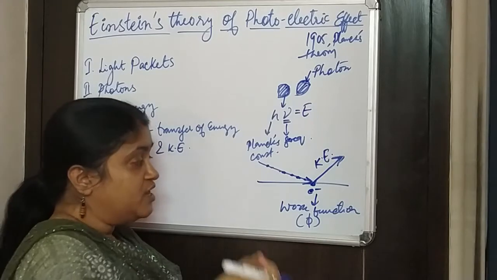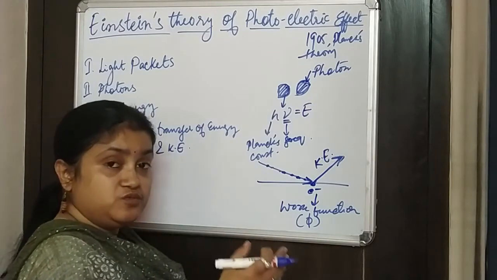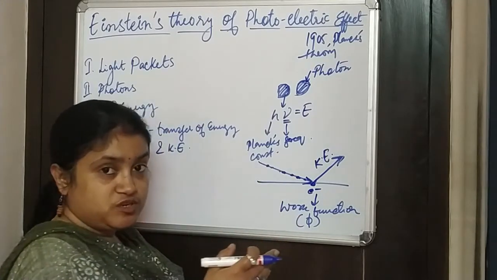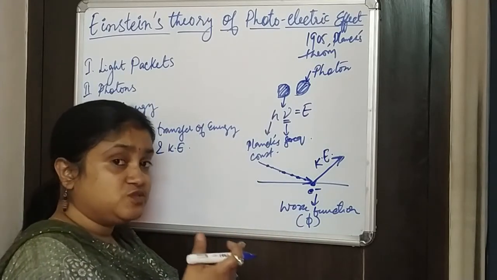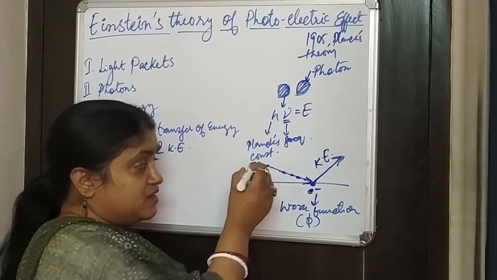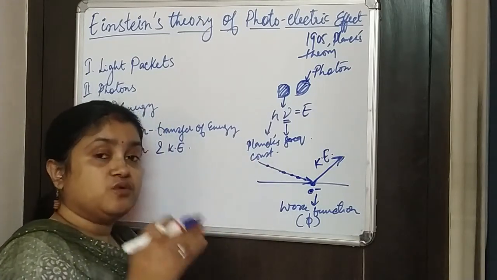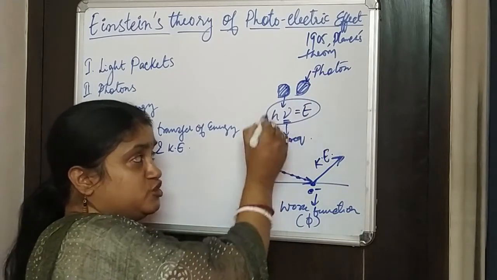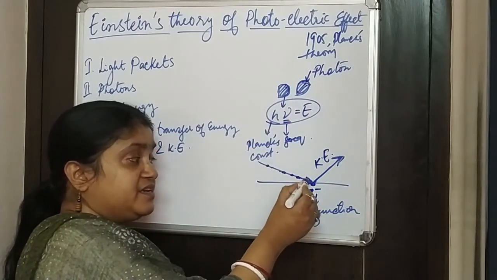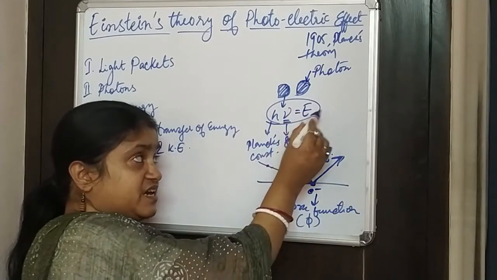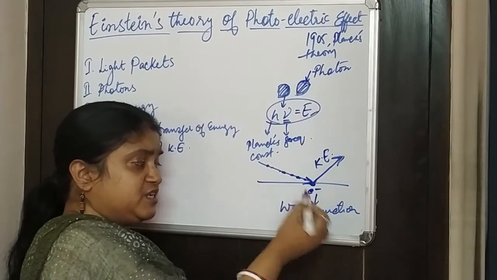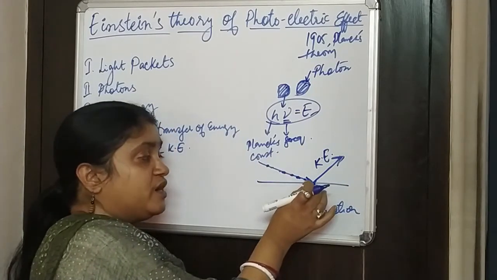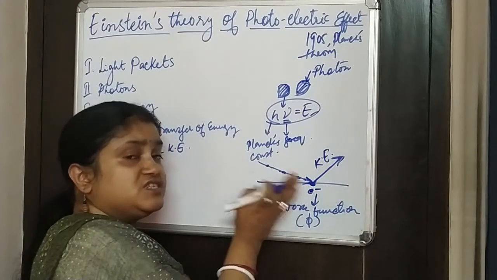So what we see here, as we already know, is that a certain frequency of light is needed to eject the electron out. Here Einstein is telling the same thing: when light of a certain frequency with an energy h nu is falling, and this has an energy at least equal to the work function, then that is the minimum energy required for the electron to just escape.